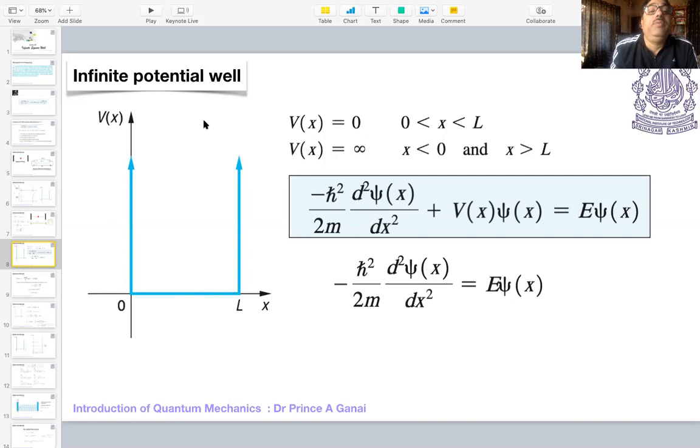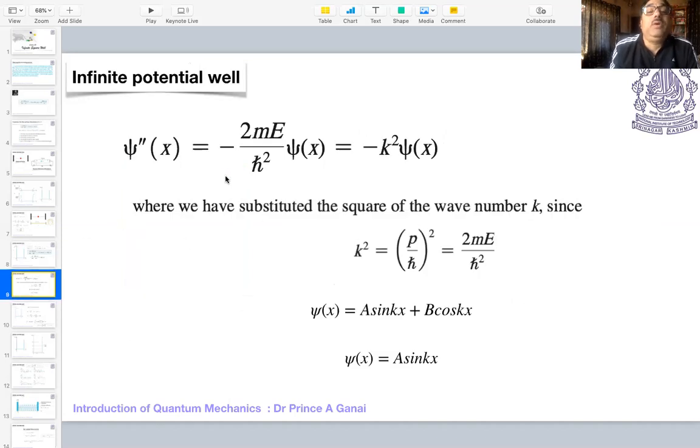So what we do now is we look for the solution to this equation, and we assume that 2mE by h cross square is k square. But 2mE is p square, momentum square, because E is p square by 2m.